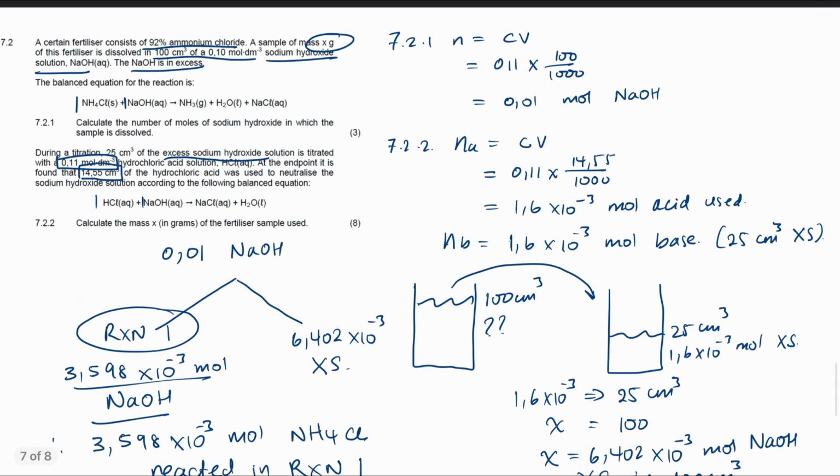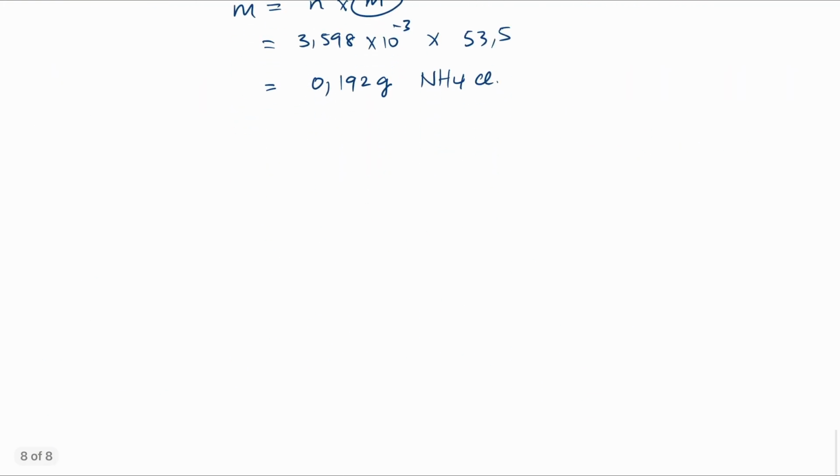Now, we're not done yet because they tell us that this is 92% of the fertilizer. We want to know how much is 100%. So 100% of the fertilizer will be X. We can then cross multiply again. That means X is going to equal 0,209 grams.